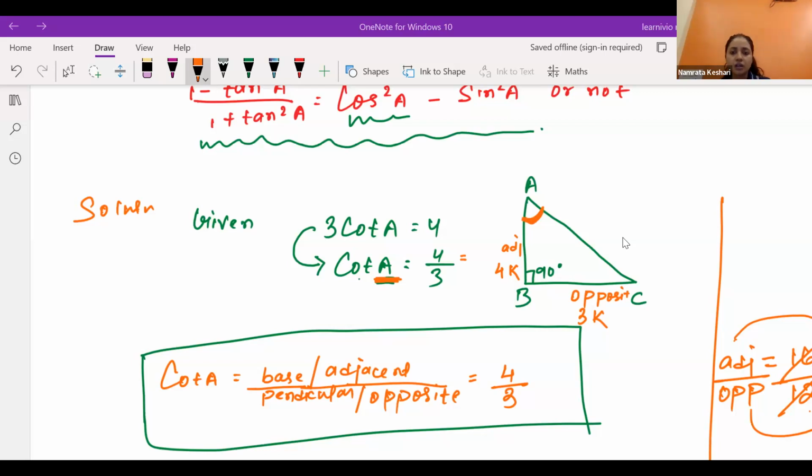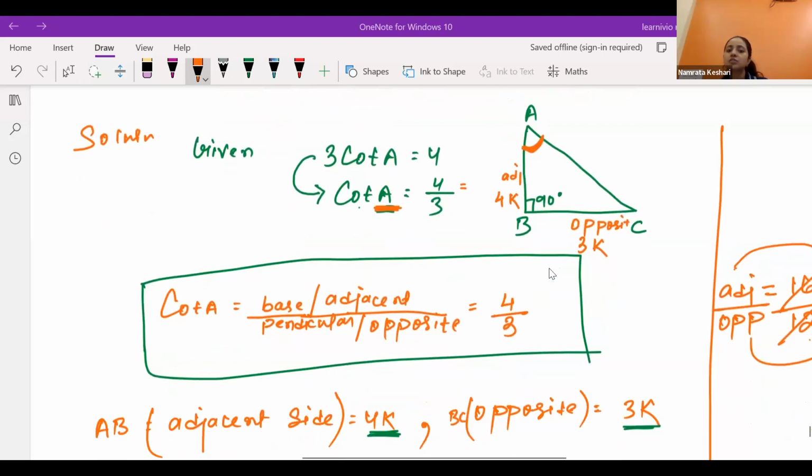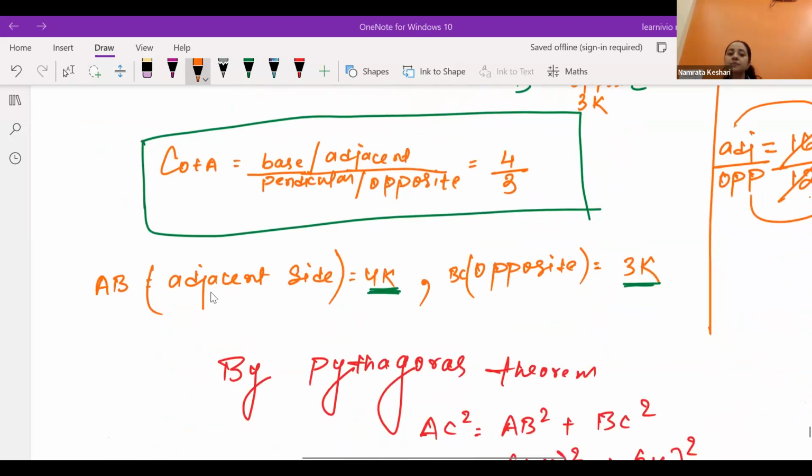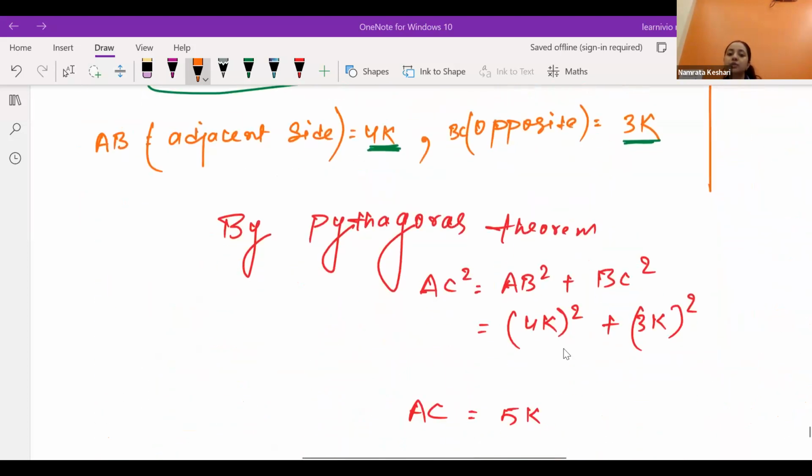Have I written hypotenuse by adjacent on day 1? It is adjacent over opposite, or you call it base by perpendicular, whatever. Check the formula page. So we have marked it and then we found the remaining side, that is hypotenuse, by Pythagoras theorem. Check it.